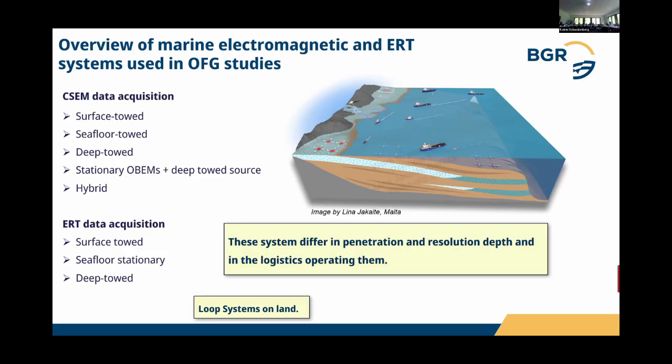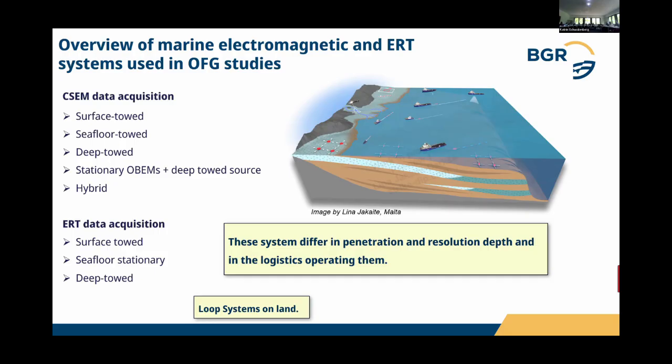I was mentioning that we have all these different systems and setups, but there are differences if you look for conductors or resistors in the seafloor. Depending on how your configuration is, they do not all work for all kinds of targets.